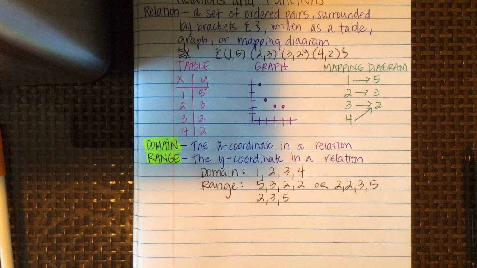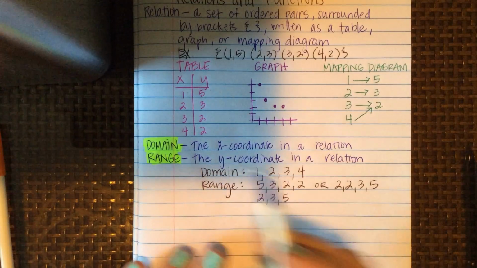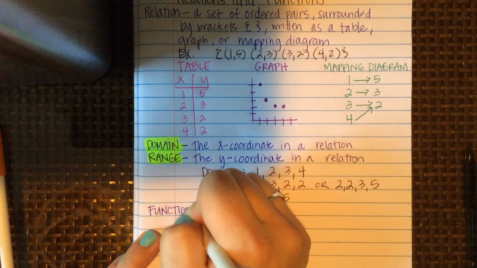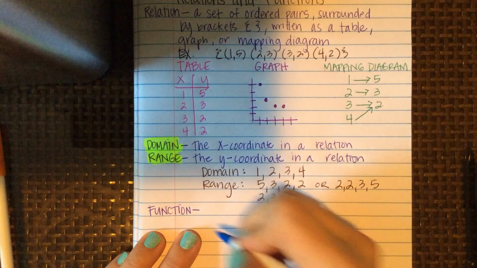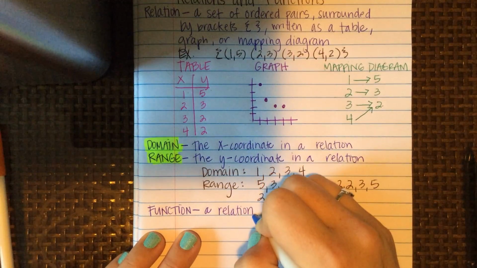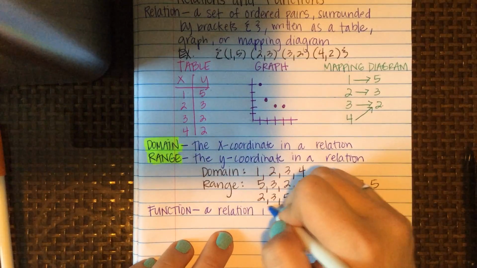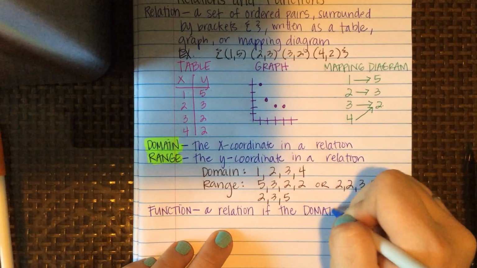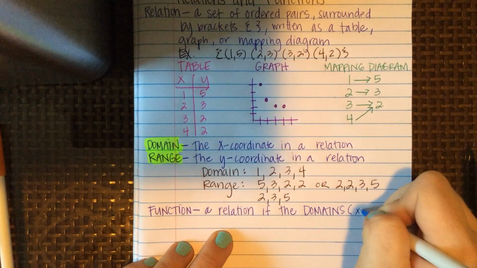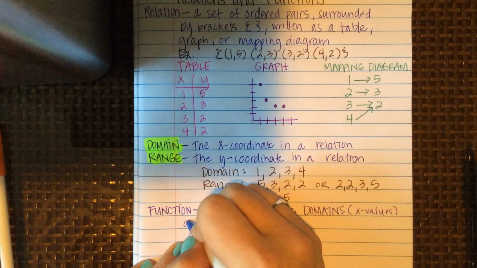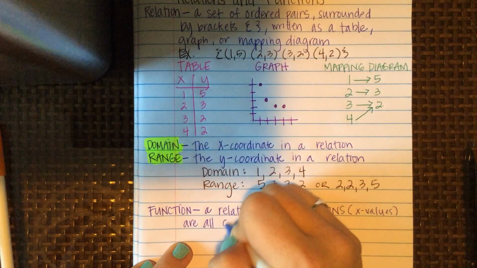So why do we want this? Well, we use this idea of domain and range to decide if something is a function. So today you're going to be asked, is this a function? And a function is a relation if the domains, the x values, are all different.